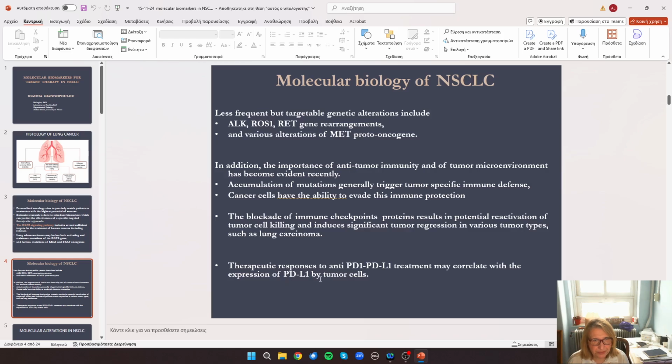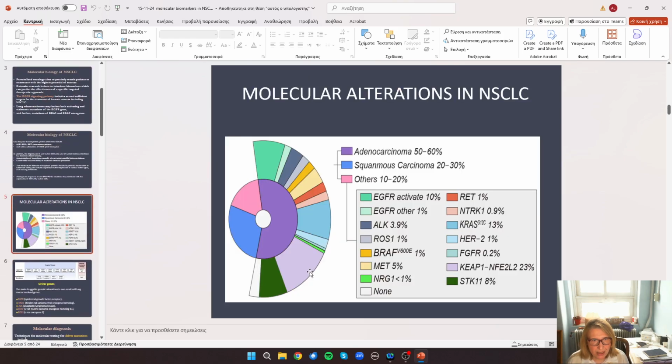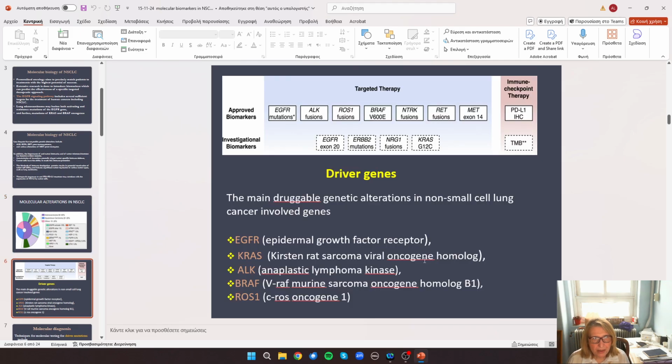by tumor cells. In this figure, we can see the frequencies of alterations from the most important genes in non-small cell lung cancer. Genes are called drivers when their genetic alterations, such as point mutations or chromosomal rearrangements, are correlated with the pathogenesis and growth of the carcinomas.